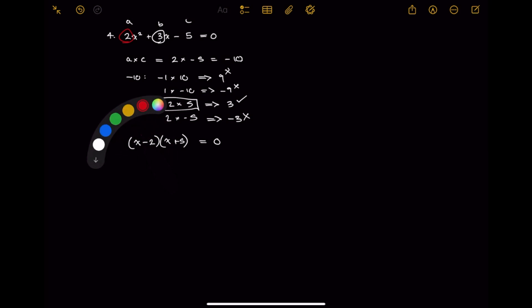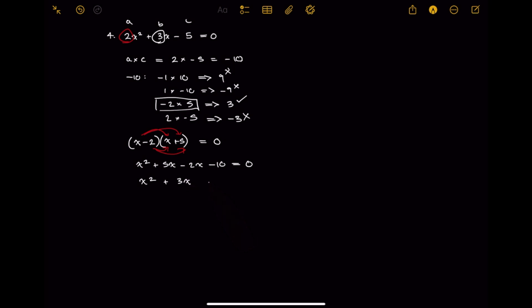Because, and I'll prove it to you why, if we expand this so-called factored form via FOIL, what we're going to be left with is x squared plus 5x minus 2x minus 10 is equal to 0, which reads, after some simplification, x squared plus 3x minus 10, which is equal to 0.